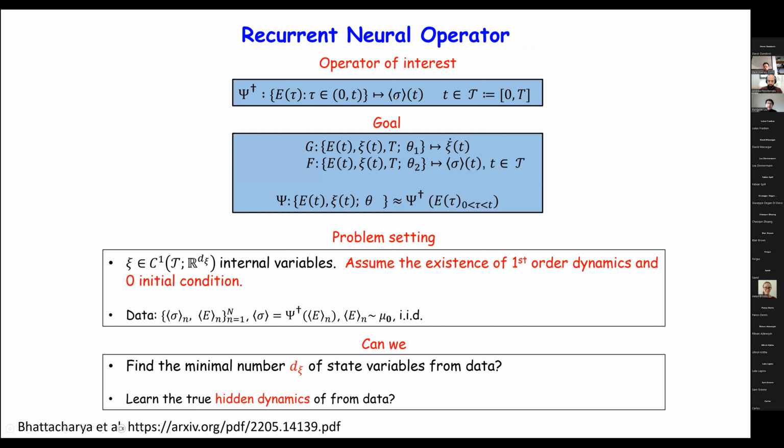The way we're going to construct this is that we extend our input space using these internal variables X, for which we make no assumptions on the evolution law.